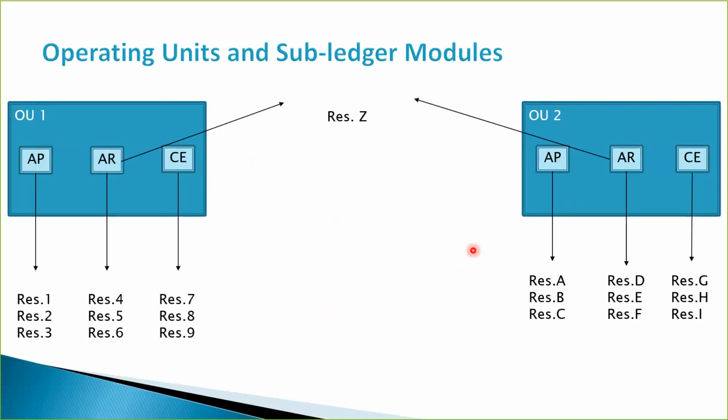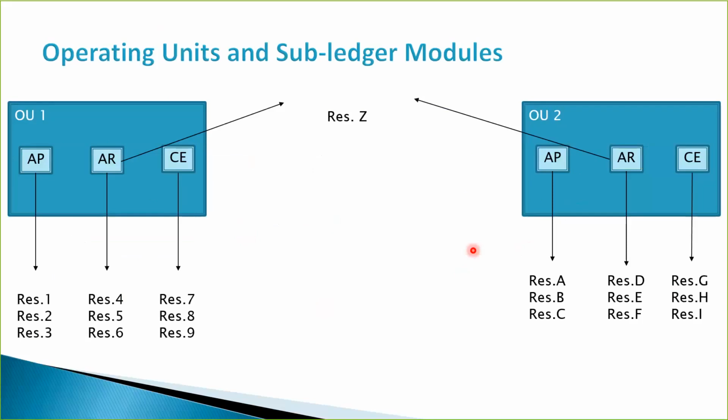And we looked at how applications will behave in this multi-org kind of environment, right? So you will have operating units, and we said that an operating unit is a place where these subledger modules are being used.